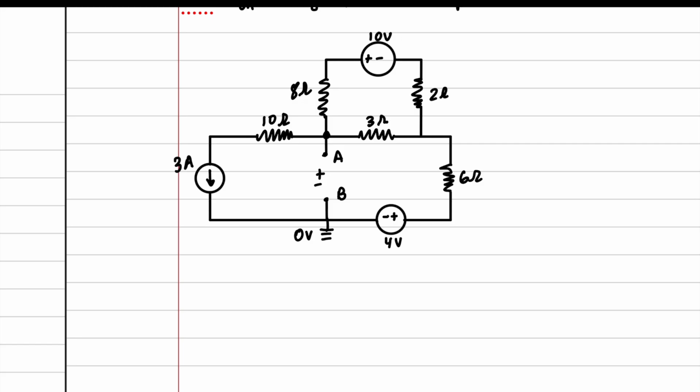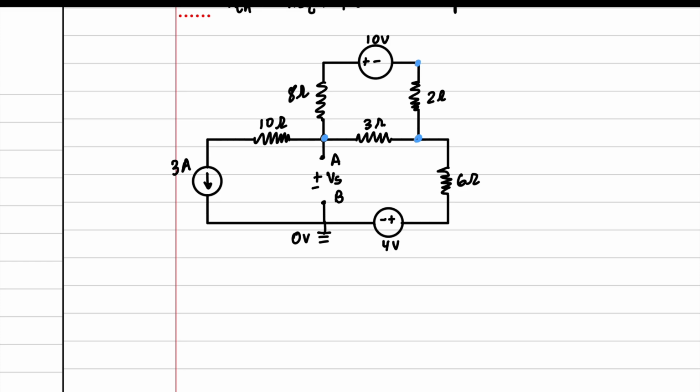I am just going to call it Vs for simplicity's sake. So let's see what kind of nodes we have. We have one node right here, one node right here, and one node right here.